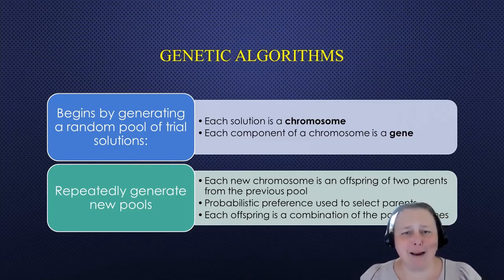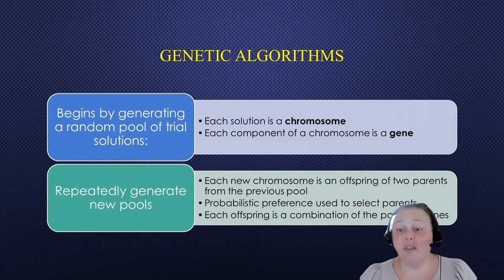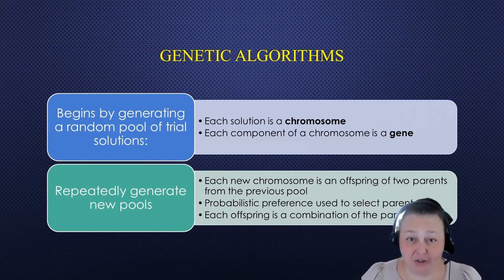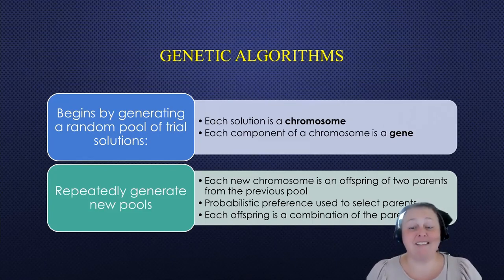The parents are randomly selected from the previous pool, and they are then run through the system to give what the answer would be, and that is the child chromosome. This determines which chromosomes or decision solutions are best to be taken. A probabilistic preference is used to select the parents. Each offspring is a combination of the parents' genes.